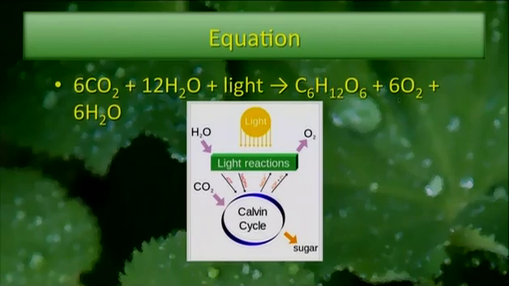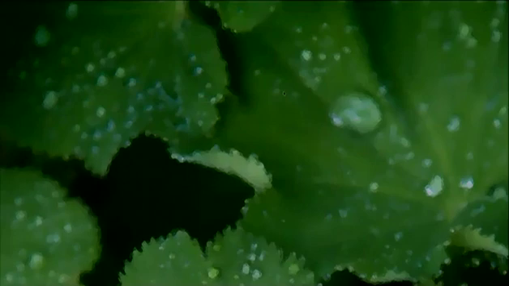Oxygen gas is released as a byproduct of photosynthesis and diffuses out of the stomates into the atmosphere. The main players in photosynthesis are carbon dioxide, water, light, and chlorophyll, and we're going to go into these a little bit.